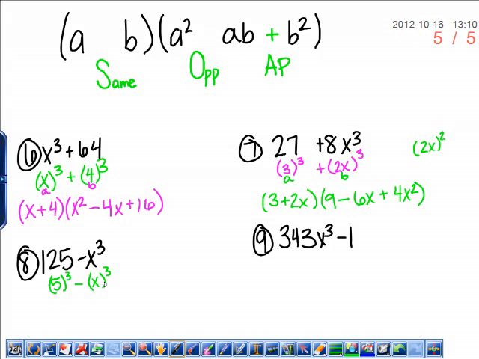All right, tell me what we get. 5 minus x, good. Okay, wait. Don't put 5 squared. We know what that is. 25. Okay, then what? Plus x squared.